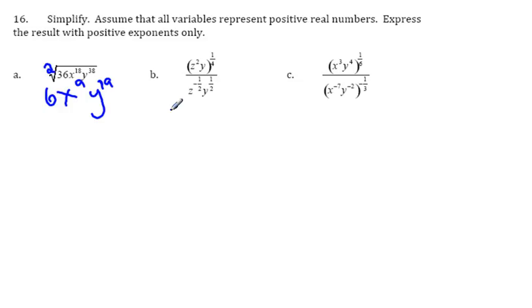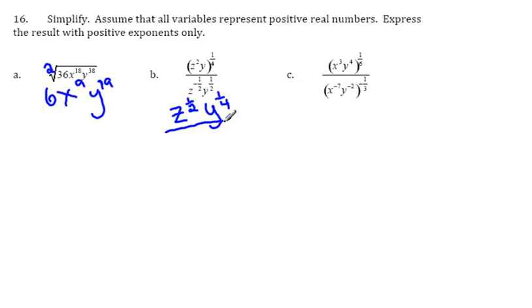So for z, I have squared times 1/4 power. 2 times 1/4 is 2/4, or I can reduce that to 1/2. And y to the first power raised to the 1/4 power is of course just y to the 1/4 power.